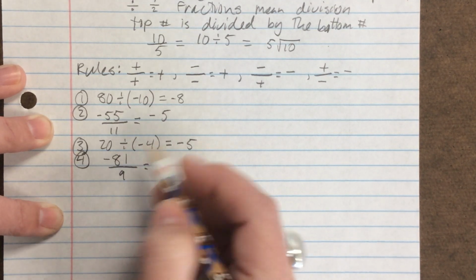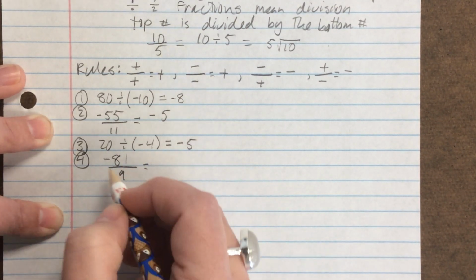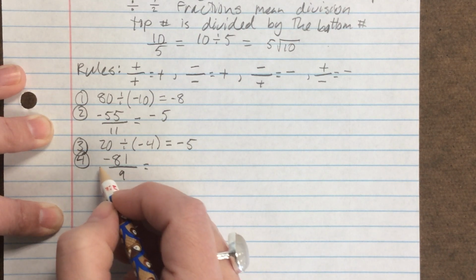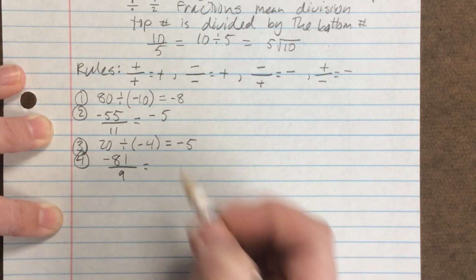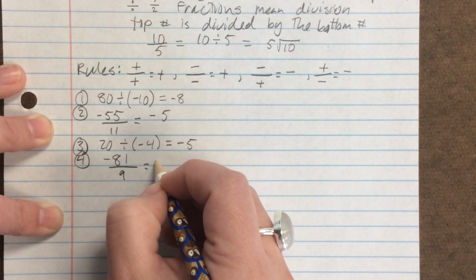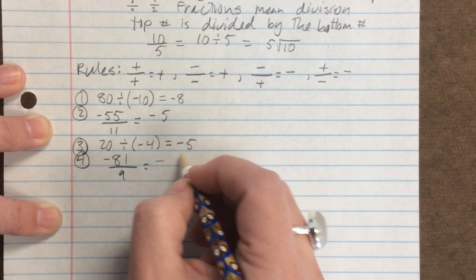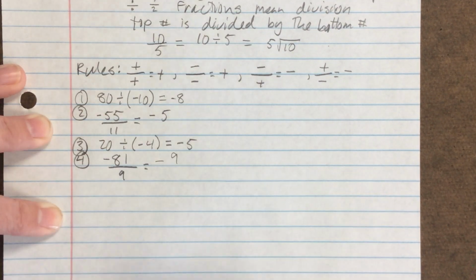Okay, there's only one negative, so it's going to stay negative. And that negative on a fraction could go anywhere. It can go there, it can go in front here. We could actually put the negative down there. It's just one negative, which means if we do the division, the answer is negative, and 81 divided by 9 is 9.